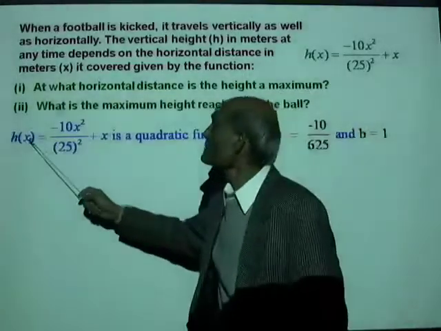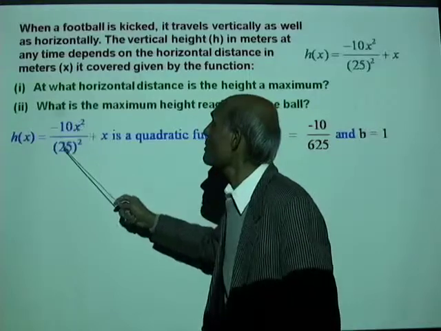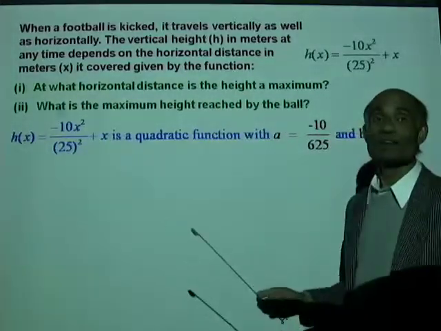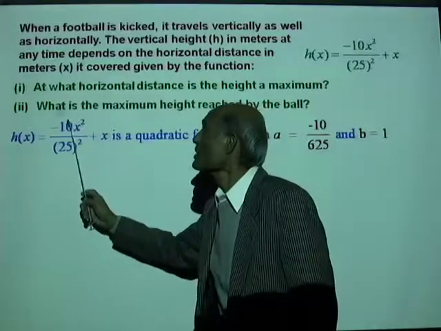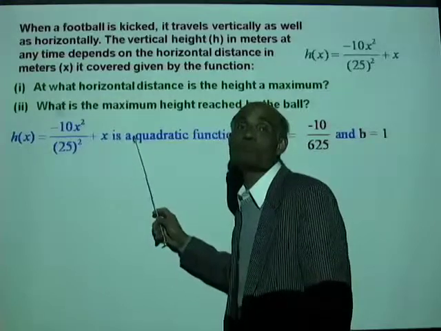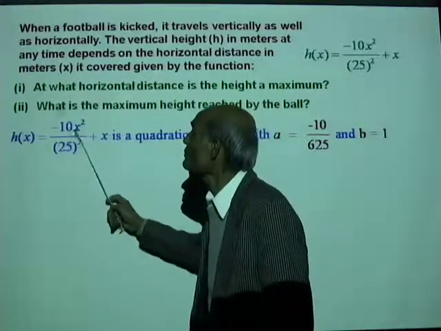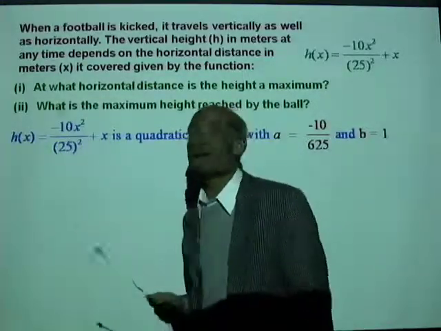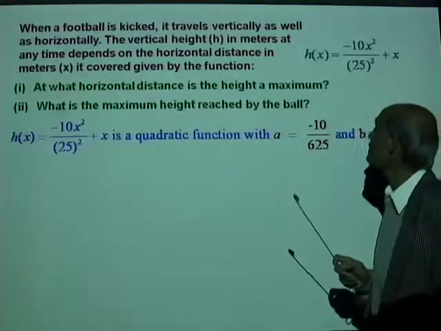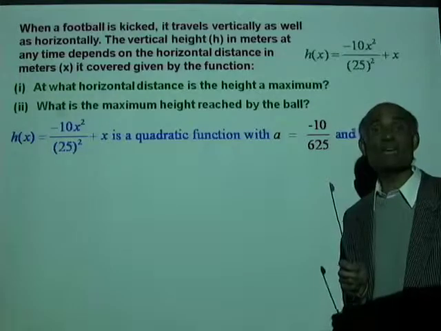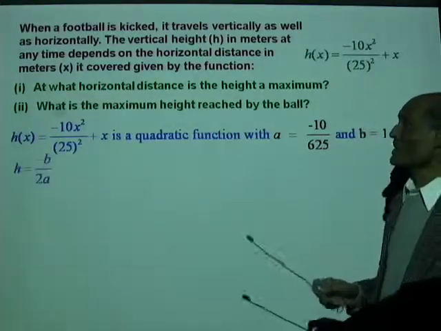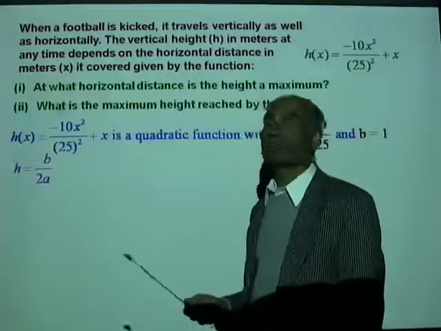Well, h of x equal to negative 10x squared over 25 squared plus x is a quadratic. If you notice, this is your ax squared plus bx. So a is negative 10 divided by 25 squared, which is negative 10 over 625. And your b is 1. And so we find the vertex.